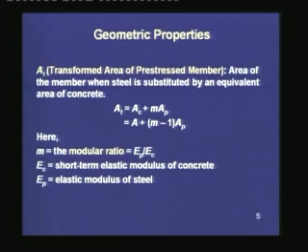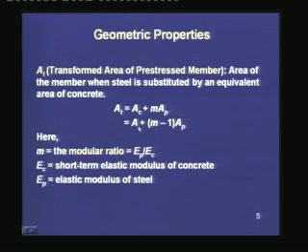There is another definition which is used in elastic analysis, that is the transformed area of the prestressed member. This is the area of the member when the steel is substituted by an equivalent area of concrete. The transformed area is given as AC plus the modular ratio times the area of the prestressing steel.